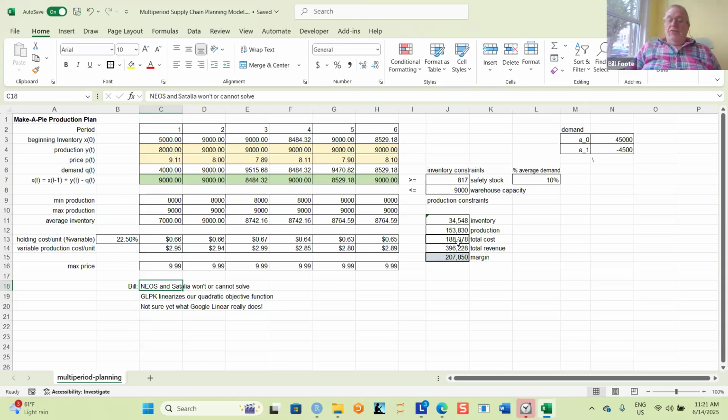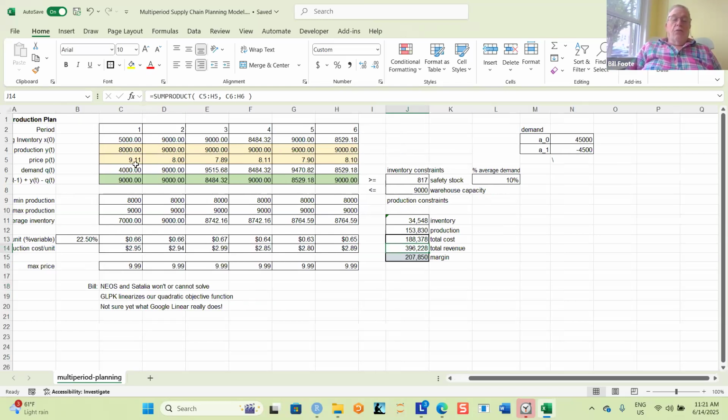Here we have total cost of 188,000, and now revenue is the sum product of our solved-for prices times demand. Okay, it's real simple. It's arithmetic. That's why I say high school kids could figure this out. I give them a 2-period problem, they could figure it out. Why? Because it's multiplication and addition and subtraction and a little bit of ratios.